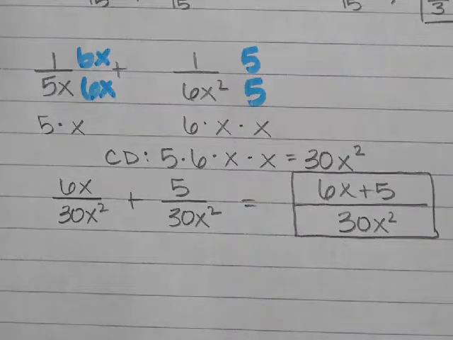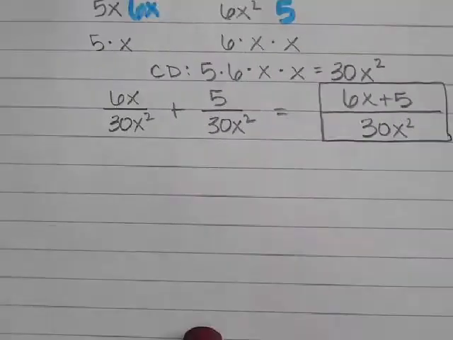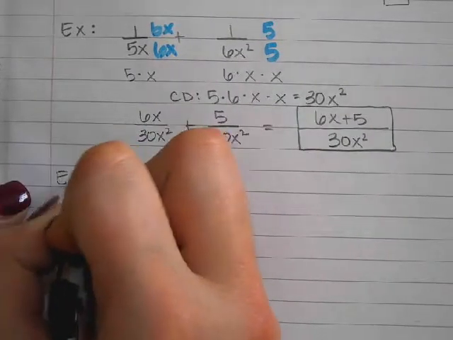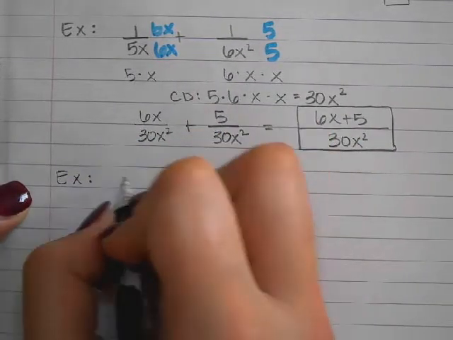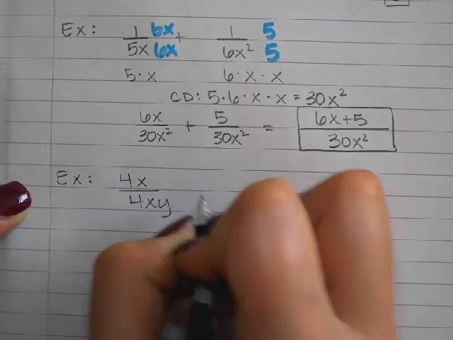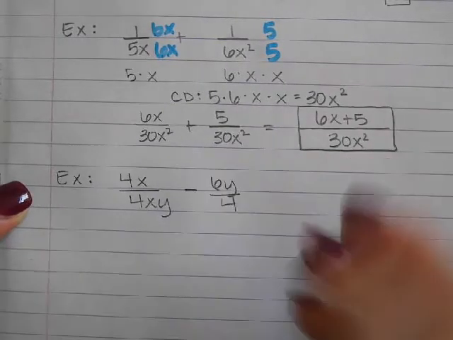All right, so let's go ahead and do some more problems like that. So we're going to say we have 4x over 4xy minus 6y over 4.